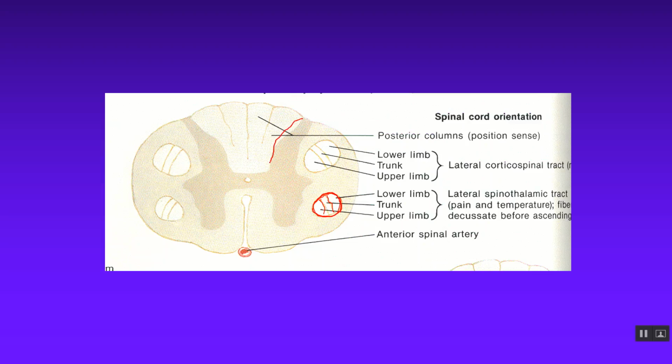We also have a somatotopic arrangement back here in the dorsal columns. We have cervical, arm, shoulder, trunk, lumbar spine, going from a lateral to medial arrangement here, because you're layering on the proprioceptive information as you move up the spinal cord.